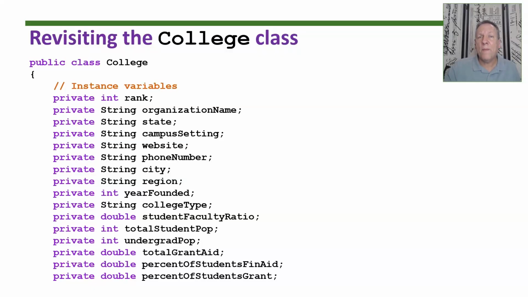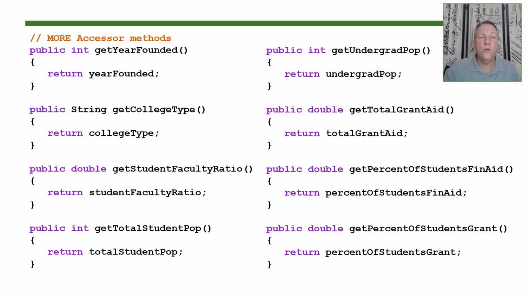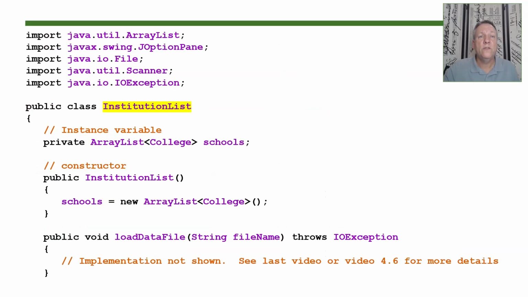So let's talk about the college class. This is the class that we're going to use within our array list. We've spoken before about how we have this college class and 16 instance variables and 16 accessor methods that we're going to use to get some information about all of the institutions that are in our array list. So here is the program that we're going to use to write our algorithms for. We have a program called institution list. And in this, we have an array list of colleges called schools.